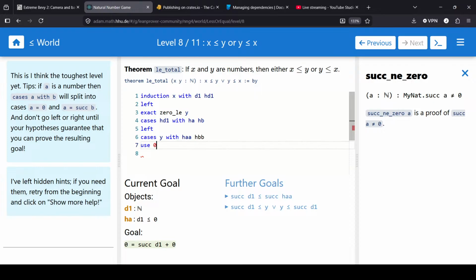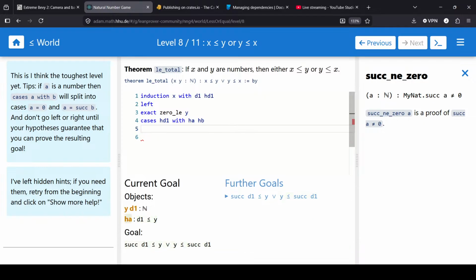Shouldn't go left or right until you're sure you can prove it. Ah, I can't. It's so hard. I can't prove either of these though, right? Is this right then?